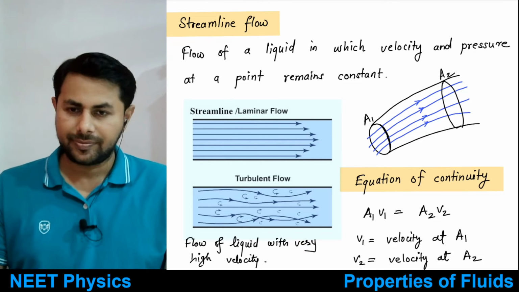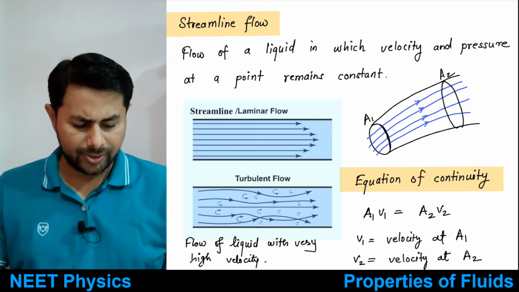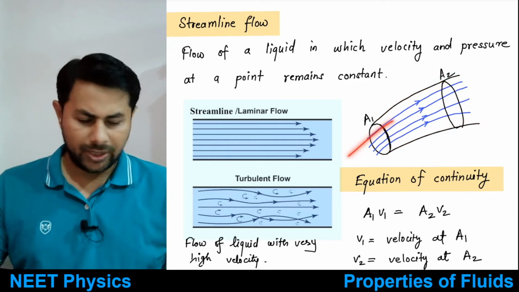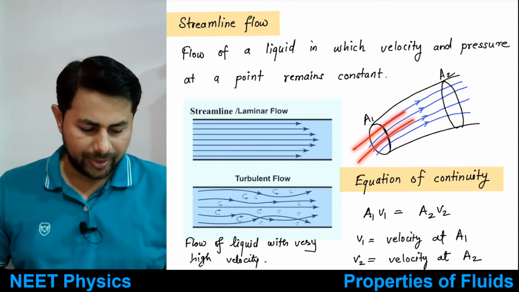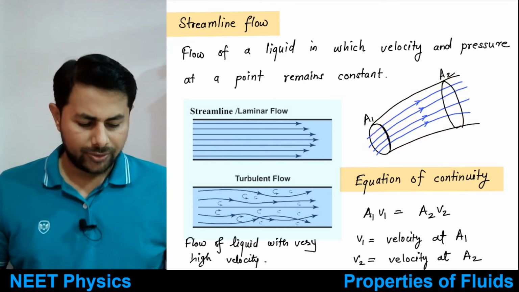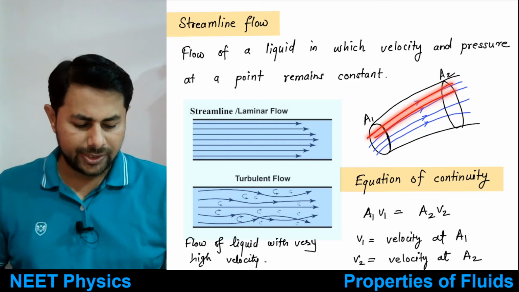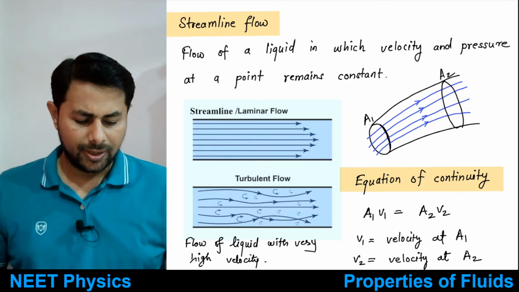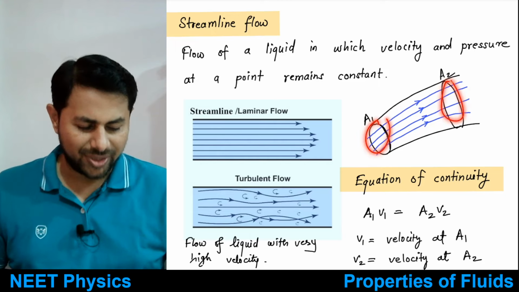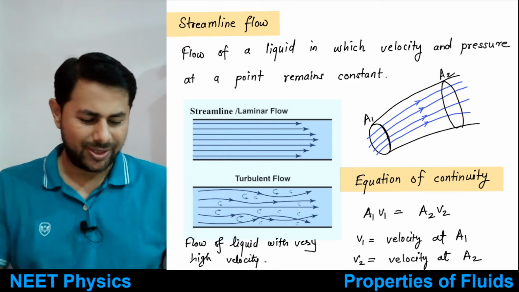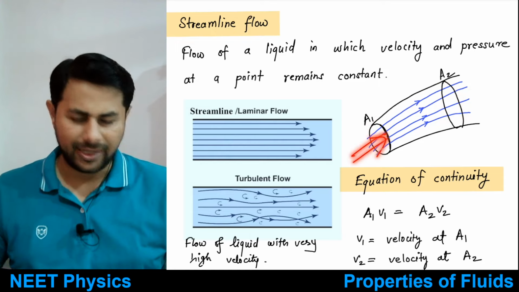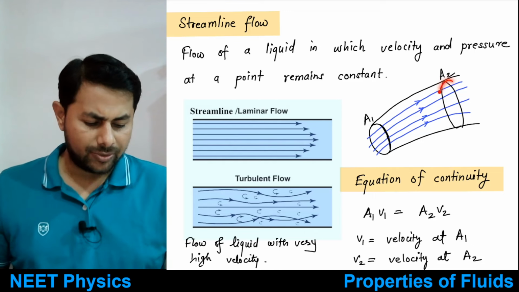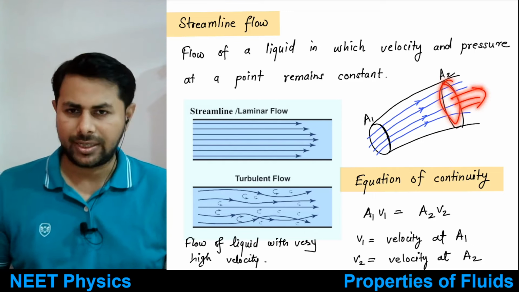Then after that, suppose you have this pipe and some water or any fluid is moving through this pipe. If the flow is streamlined, and the pipe doesn't store any amount of fluid, then the amount of fluid that enters the pipe per unit time is equal to the amount of fluid that leaves the pipe per unit time.